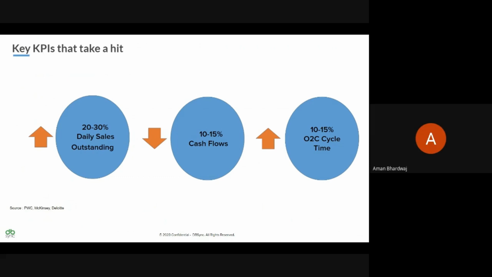Yes, Adrian. And to extend on the same conversation, when you talk about the key KPIs that take a hit for finance teams in particular, it's your daily sales outstanding.